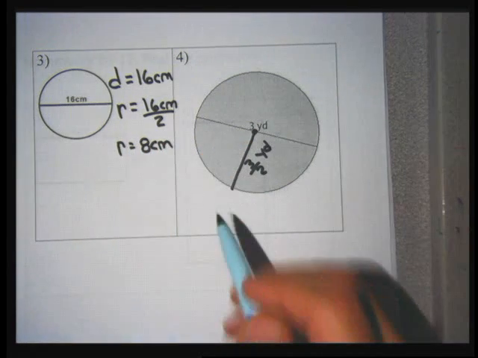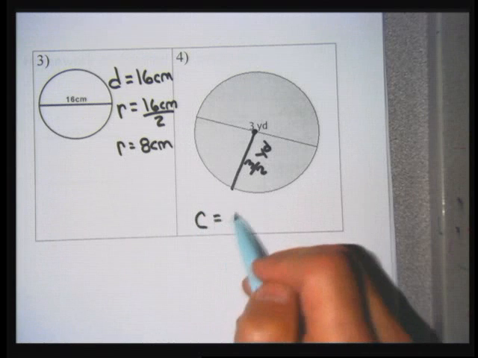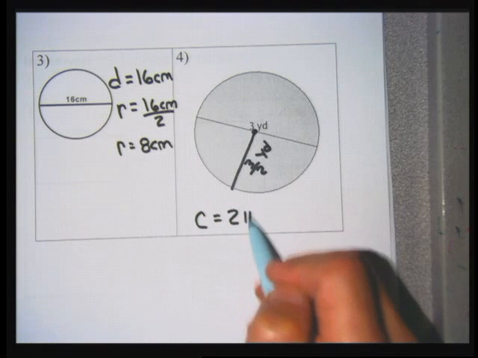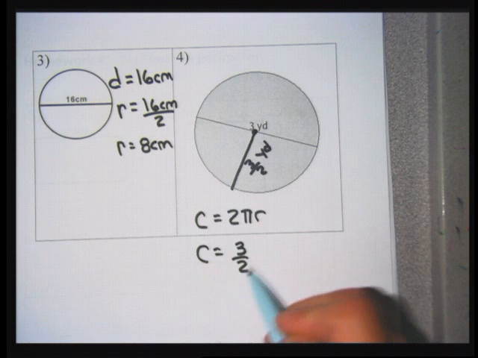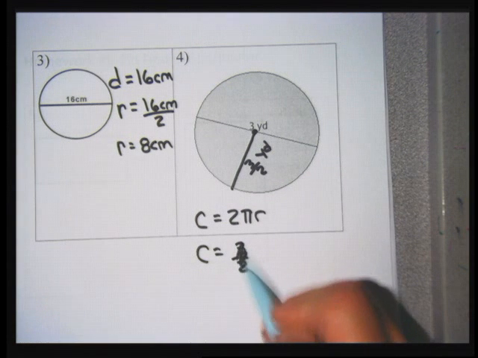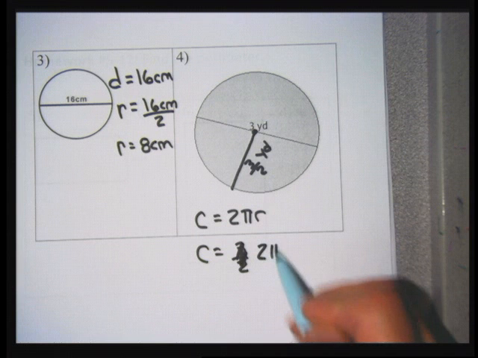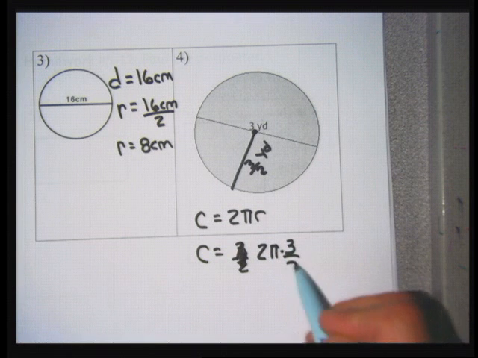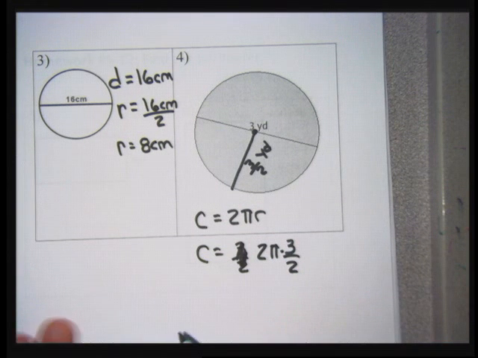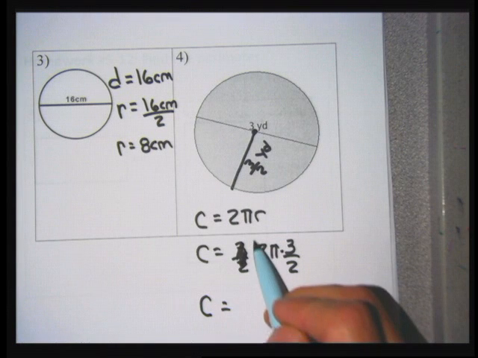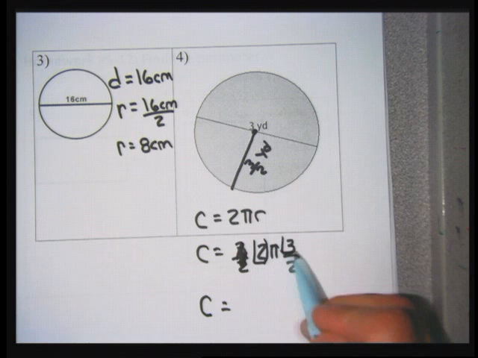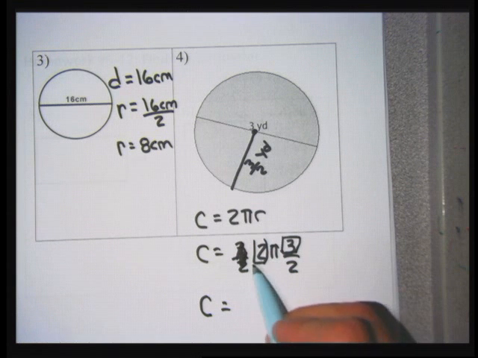So use the same formula now. The circumference of a circle is 2 pi r. So the circumference is 2 pi times 3/2. And I'm gifted enough that I could do these fractions fine. I could just multiply the 2 and the 3 here, because the 2 is really 2 over 1.